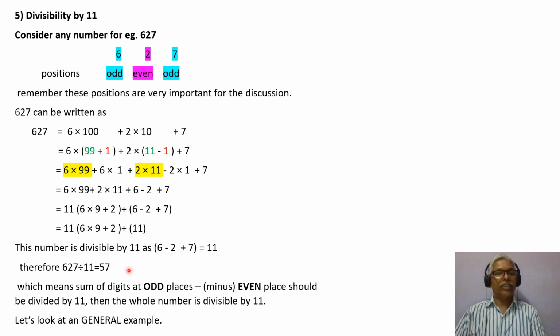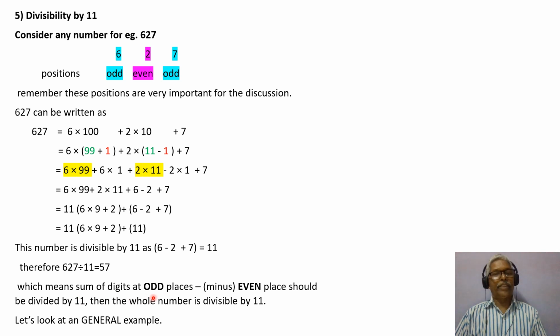What does this give as the conclusion? Sum of digits at odd places. See, 6 and 7 are at odd places. So 6 plus 7, I have taken like this. You may add the odd digits and subtract even digits, like that also.